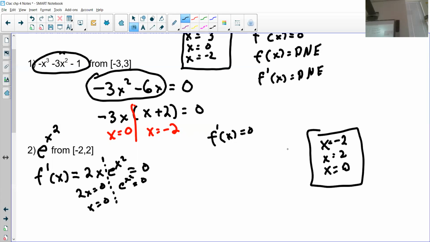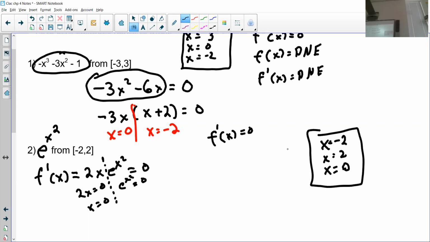The 0 just means at 0. Or are you asking why we picked x equals 0? It made the derivative equal 0. Very important: not the original function, but the derivative, f prime equals 0.